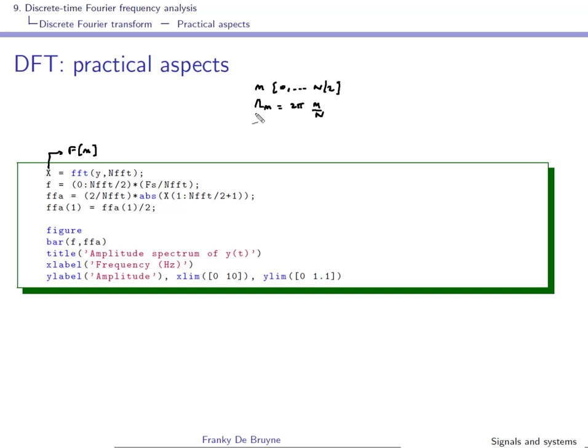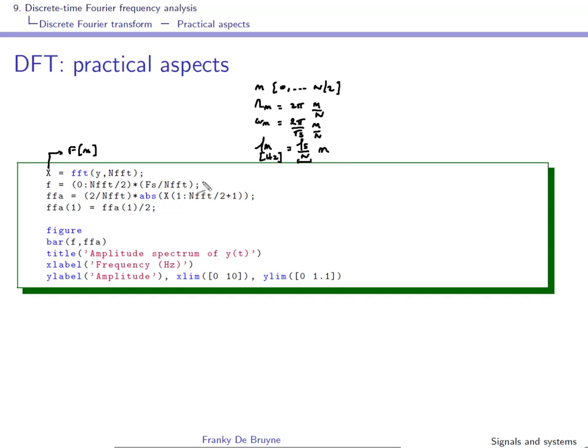This means that this is in radians. If we consider the frequency in radians per second, you have to divide by Ts, so 2 pi over Ts times n over N. And of course we are interested in the frequency in hertz, and this will be 1 over Ts, the sampling frequency, divided by N, which is the spectral resolution, times n.